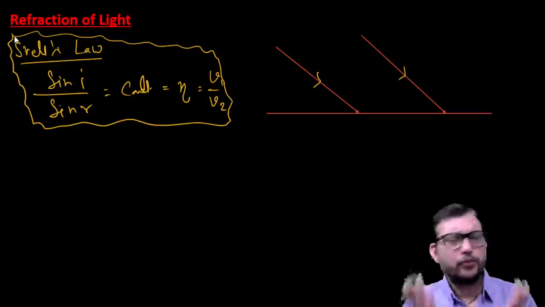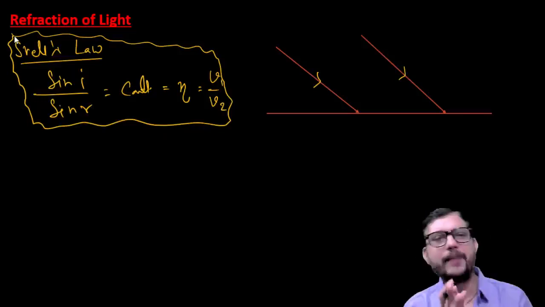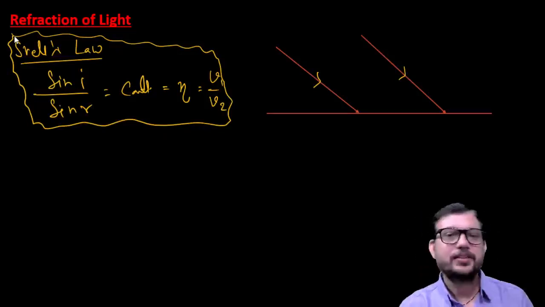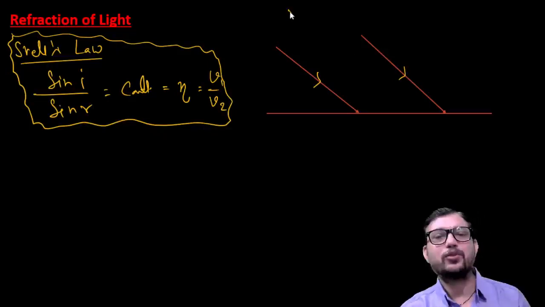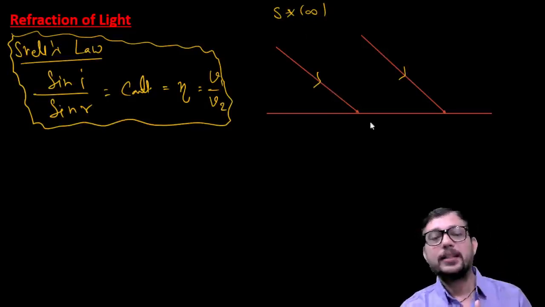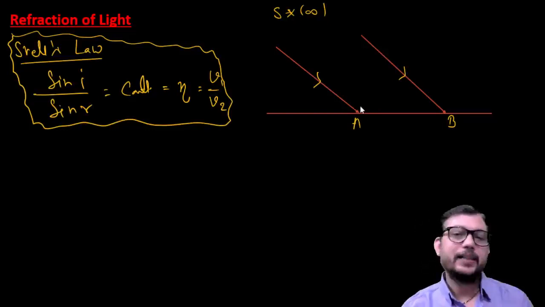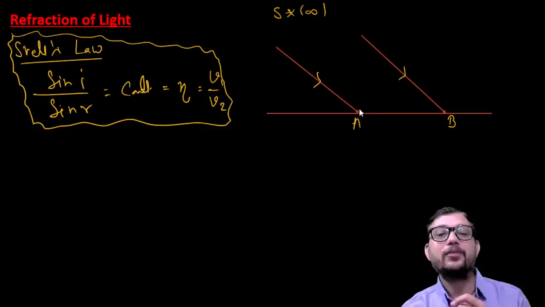It means we have to prove refraction. So what should we do? We have to once again start with Huygens' principle. Let's suppose this is the source S, which is at infinity, so the rays are parallel. We take point A and choose point B, and then we draw a perpendicular from point A on wave 2.